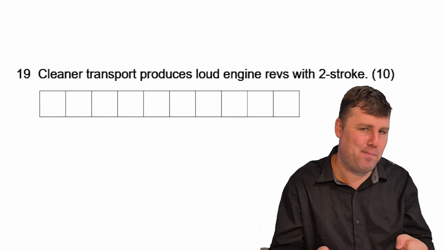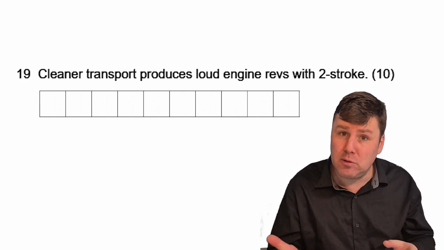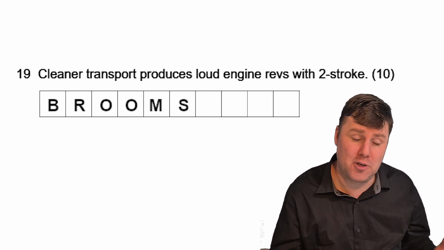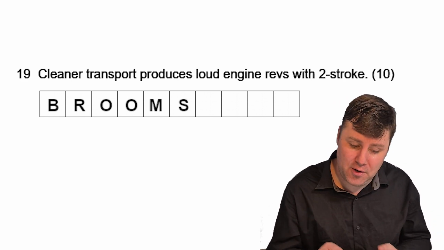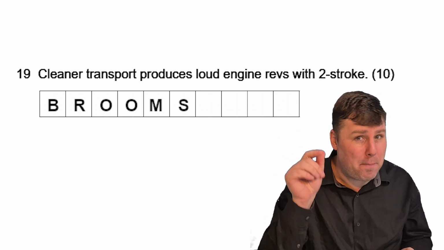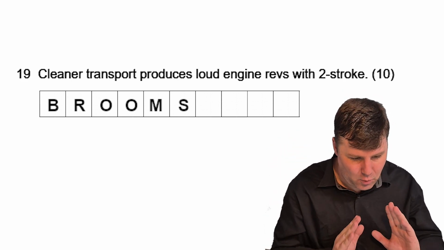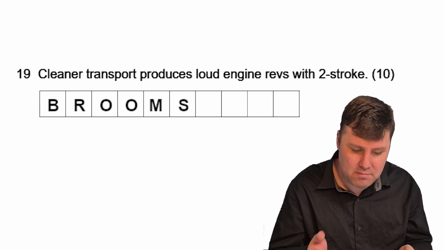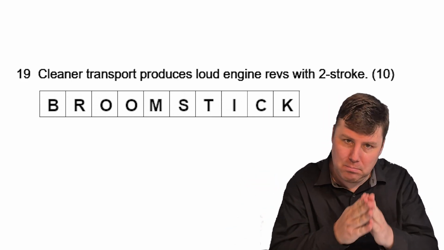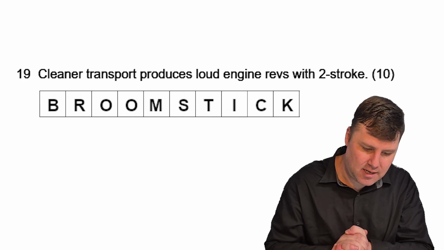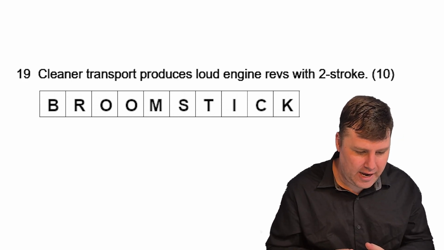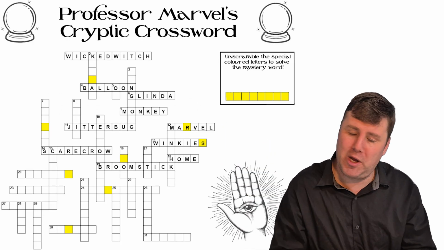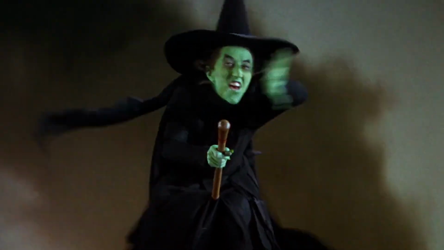Broom, broom. And revs is the plural, so brooms with 2-stroke. Now, 2-stroke is an engine, but also making 2 strokes with your pen is a tick. So we have loud engine revs, brooms, with 2-stroke, with tick. Brooms tick is the answer, the 10-letter answer of our cleaner transport, a broomstick, which the Wicked Witch travels around on.